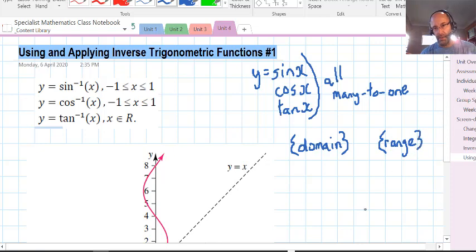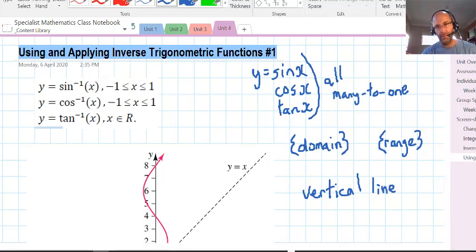So that links to, graphically, you would have recalled the vertical line test, which basically is the same thing. It's just a quick graphical check. So basically, vertical line test, if you can draw a vertical line anywhere through the function's graph and it cuts through more than once, it is no longer a function.